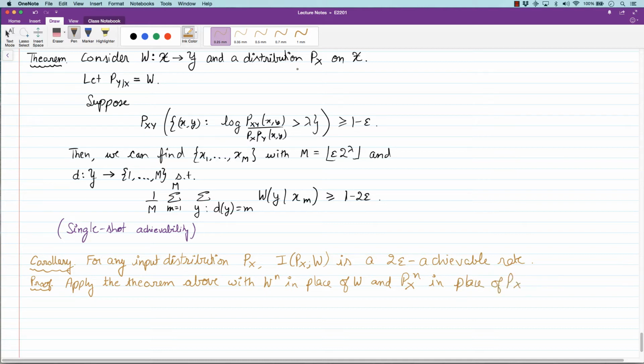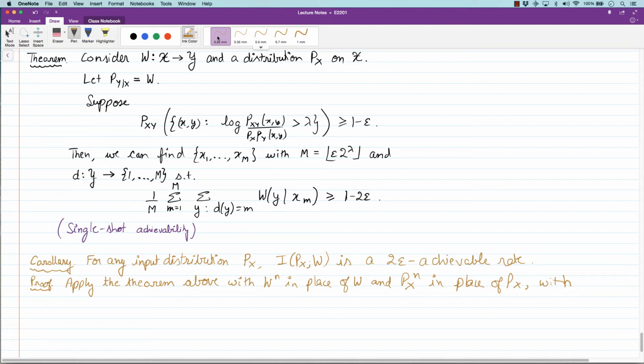So this was a single shot result. It asks for a Px and it asks for a W, but we now have n copies of both, and we apply this. But we have to choose a lambda. So what is the lambda? If the input distribution is independent and the channel is memoryless, as we have, then this distribution itself is independent, and therefore the log of the independent distribution becomes the sum over i equal to 1 to n of log of Px xi yi.